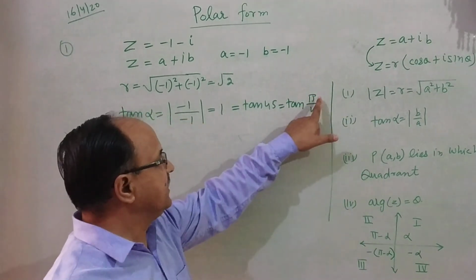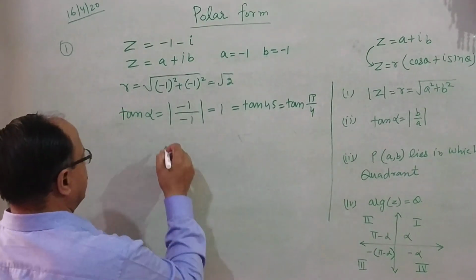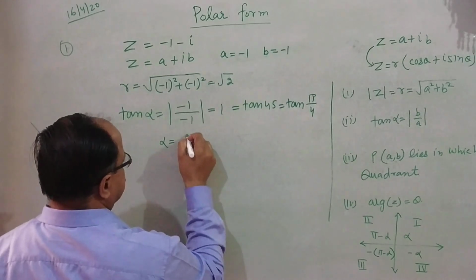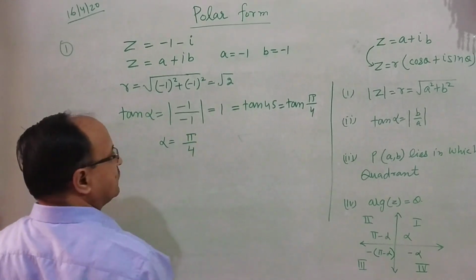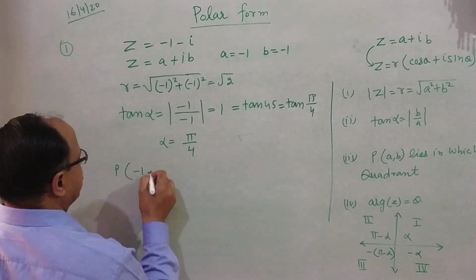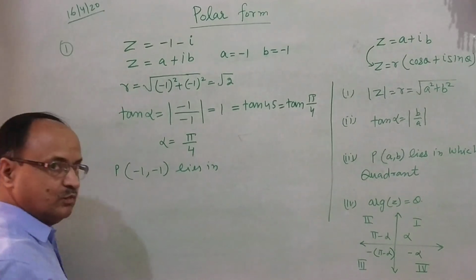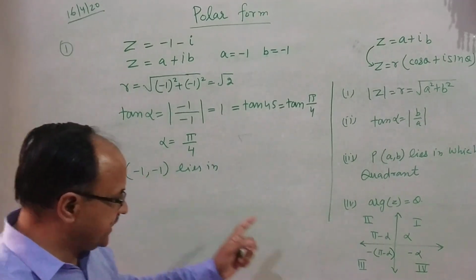Pi means 180 degree. 180 by 4 is 45. When you compare, what is the value of alpha? Pi by 4. And you know that this point lies in which quadrant? The value of x and y are both negative.